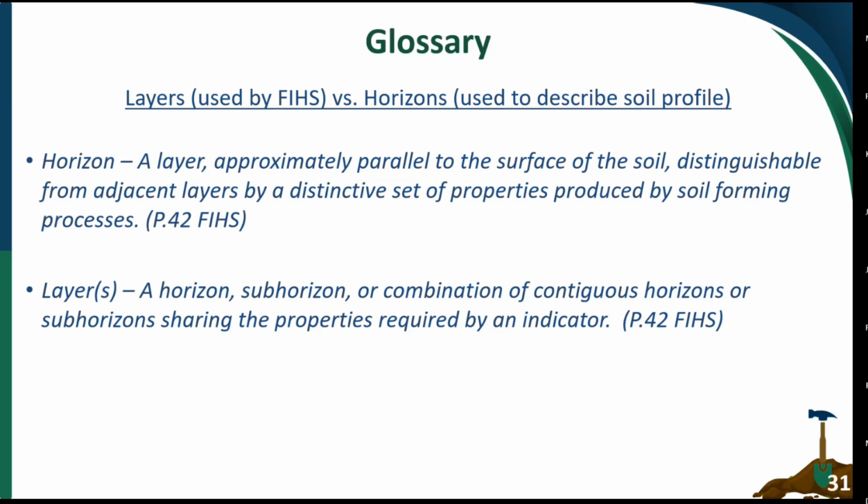So you need to know how to assign horizon labels. Then, after describing the soil horizon profiles, I like to move my thought process to layers, either grouping or dividing horizons into layers or segments that share a property required by the indicator. So let me show you an example of how this can make a difference.